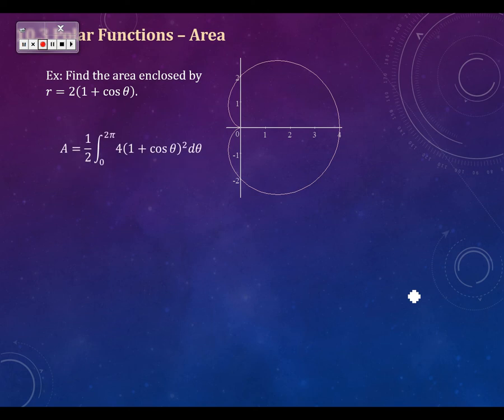One way or another, investigating with your calculator, or maybe just knowing how this graph is produced, our limits are 0 to 2 pi. And then I'm just plugging in all that stuff. It's this r, all squared, that you see inside here. So 1/2 the integral of r squared d theta is what we're looking for.